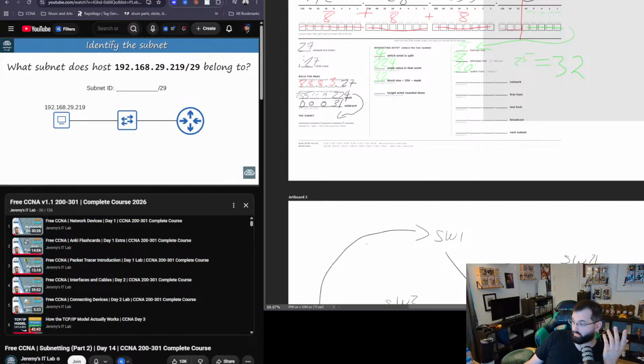Well, obviously his way is way better. That was way simple. So if we use his method, all we have to do is figure out what's frozen, what's not frozen. 192.168.29.219/29.